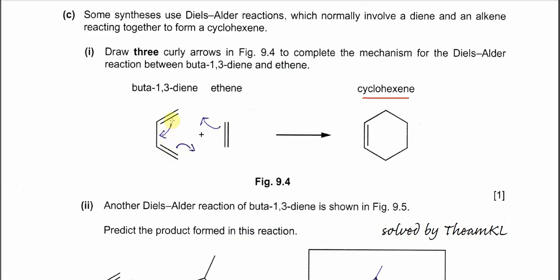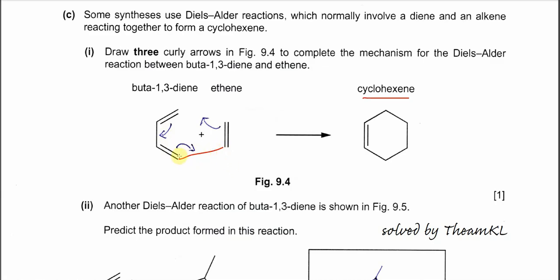You need to draw one arrow from this double bond pointing to this C-C bond, to show the double bond formation here. And you need to draw another arrow from these double bonds pointing out. This shows that these electrons will move out and form a new bond with the carbon, meaning this carbon will form a new bond with this carbon.